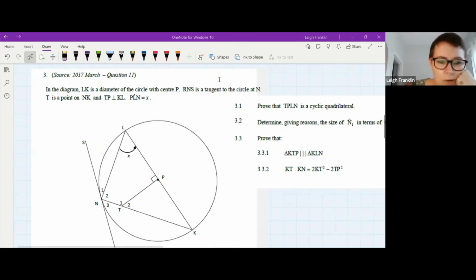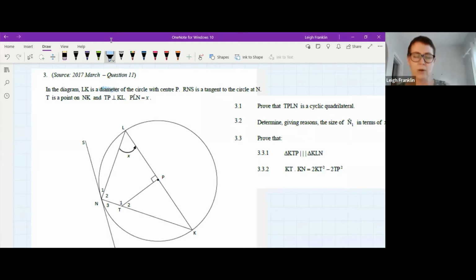So in the diagram, LK is a diameter, all right? So who thinks the word diameter is an important word? I certainly do. When you see the word diameter, what do you start thinking about?